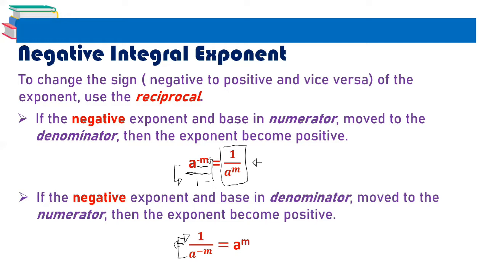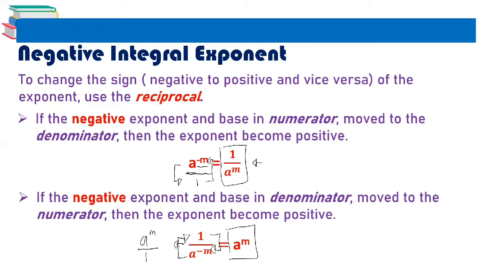The denominator will be moved to the numerator, and the numerator will be moved to the denominator. Therefore, it becomes a to the m power over 1. So again, it just reciprocals. If you simplify any expression which is all over 1, the answer will always be the numerator itself. So that's why our answer here is a to the mth power.